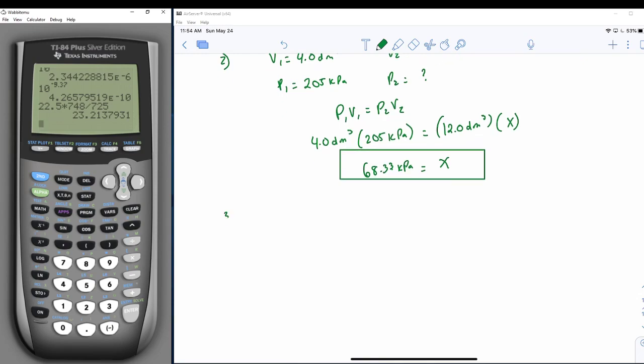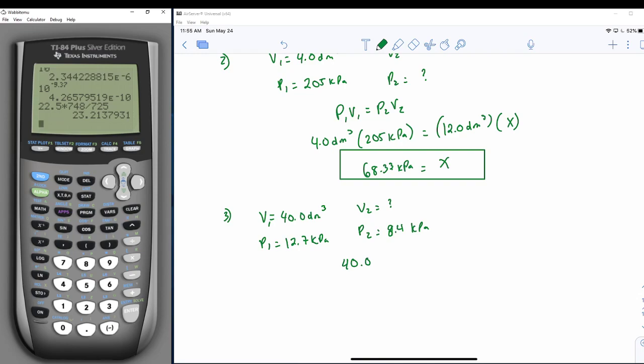Okay. 3, a 40.0 decimeter cube tank of ammonia has a pressure of 12.7 kPa. Calculate the volume if the pressure is changed to 8.4 kPa.